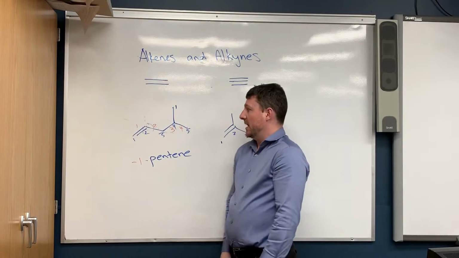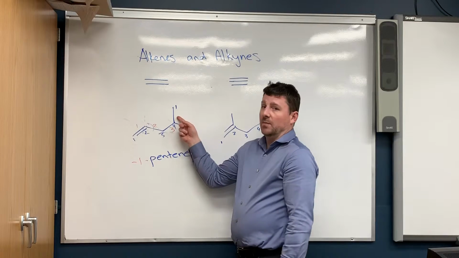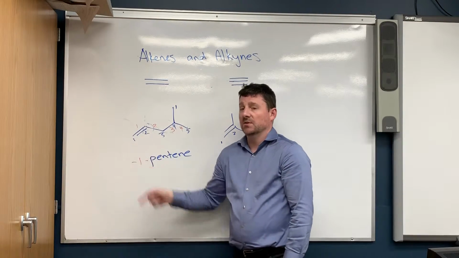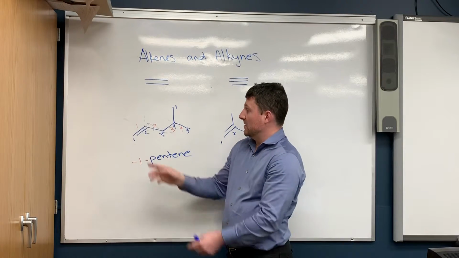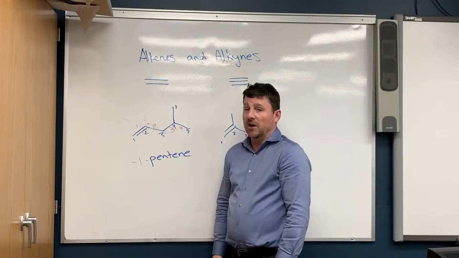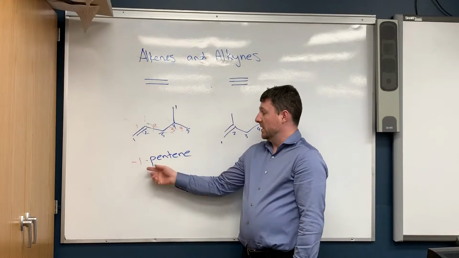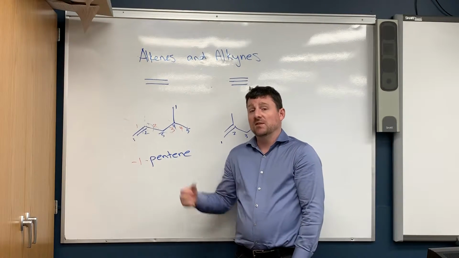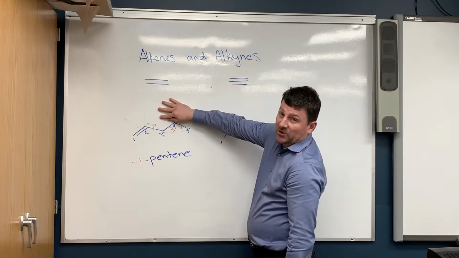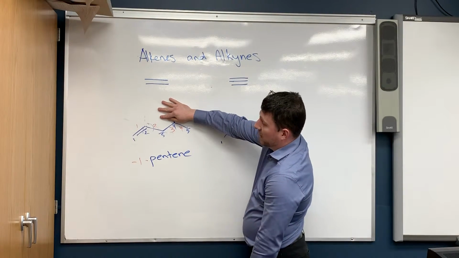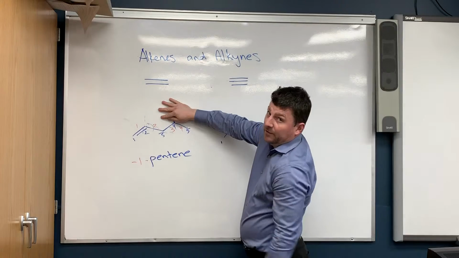And of course, how do we decide whether we give the lowest number to the branch or the lowest number to the double bond? Well, same thing: the main chain has to include the double bond, right? We always figure out what the name of the main chain is going to be first, then we name the branches. So ignoring where the branch is on the molecule, we give the lowest number to the double bond first.